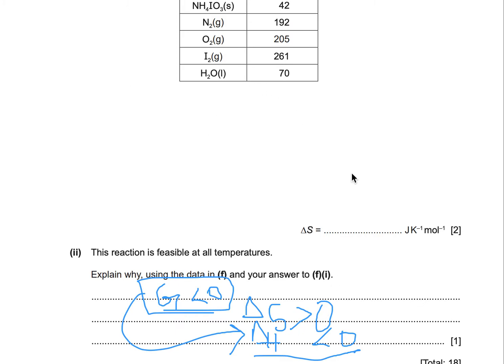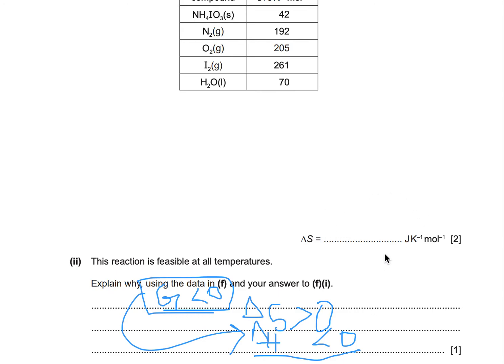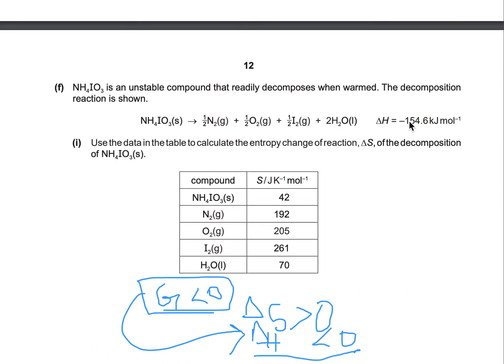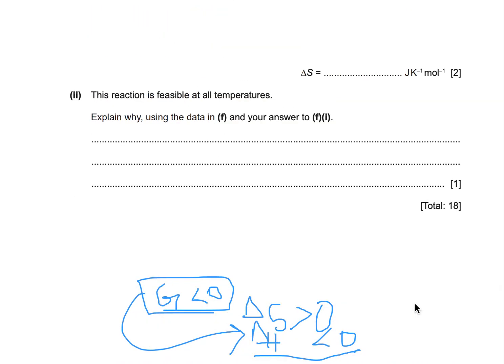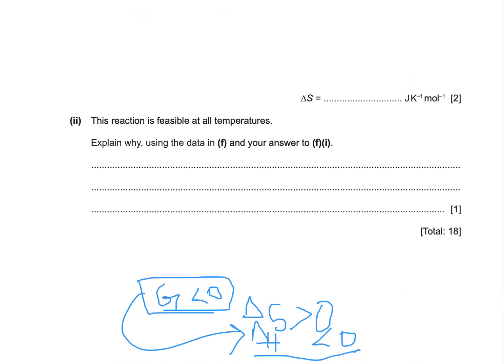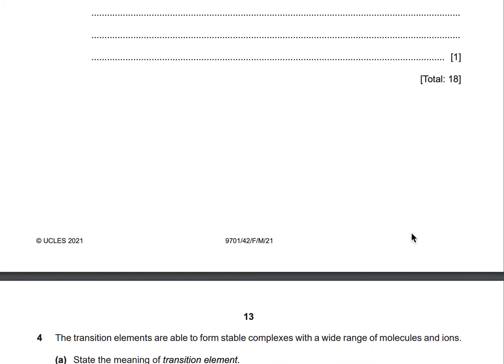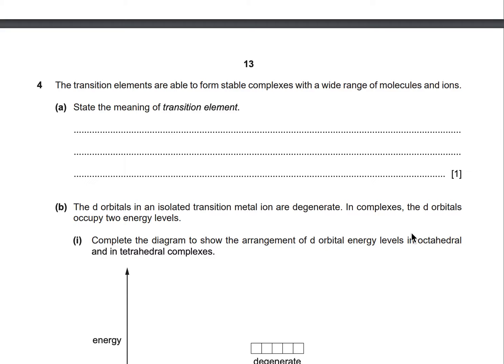The answer which we calculated must be positive, that's why we know it's feasible. And the enthalpy change over here is minus 154, which means that it is an exothermic reaction. So the Gibbs energy should also be negative, so basically it should be less than 0.